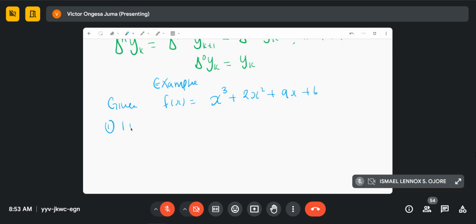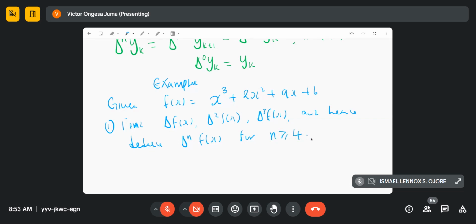1, find delta f of x, delta squared f of x, delta cubed f of x, and hence reduce delta n f of x for n greater than or equal to 4.